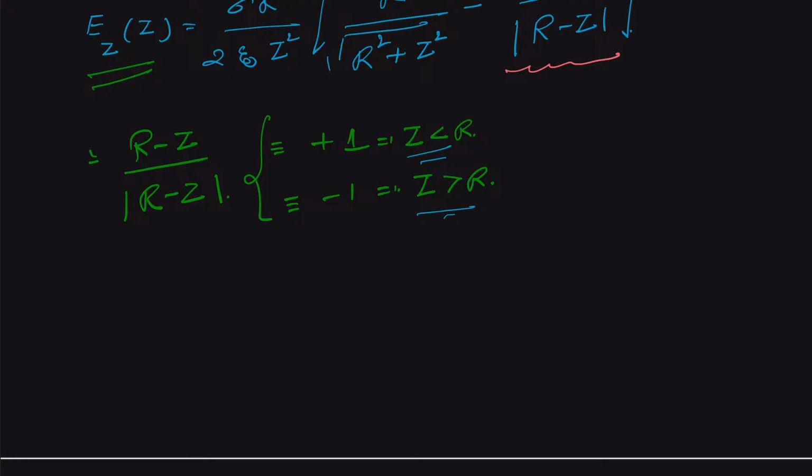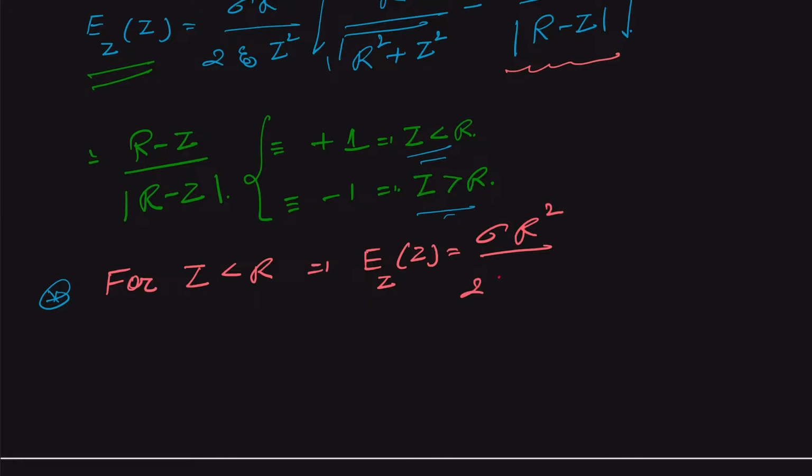Therefore, for z less than r, we get E of z equal to sigma r square upon 2 epsilon naught z square, times 1 upon the square root of 1 plus z square upon r square, minus 1.